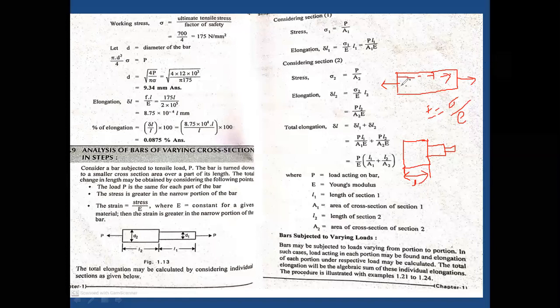It is horizontal, straightforward, and the stress will be distributed like this. In the case of bars of varying cross section, the stress distribution is not parallel. The stress distribution will be like this.